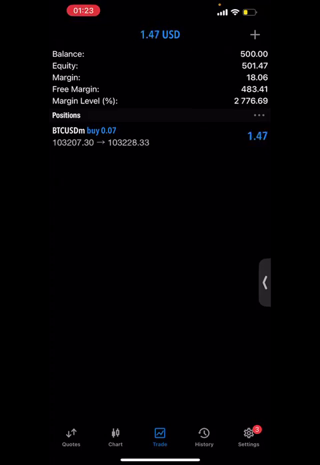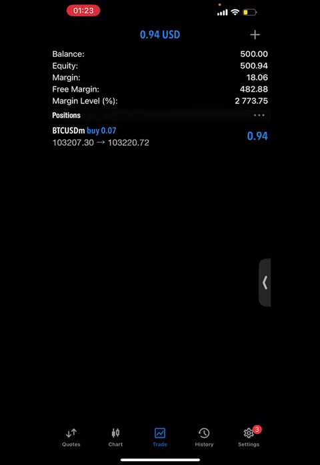All right. So now let me explain what balance is. Balance is the amount you started trading with before you open this trade. Before I actually opened this trade, I had $500. That's what is showing in balance. That's the money I currently have. Equity is your balance plus any unrealized profit or loss. You understand?